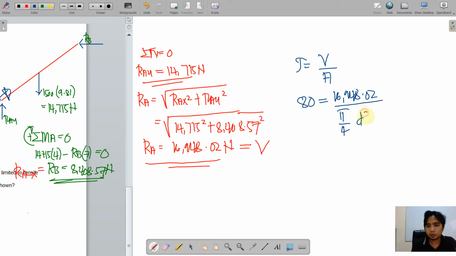We do not know yet the diameter, so therefore diameter is equal to, so we have 16.42 millimeters for the required diameter at support A. Okay, so that's for problem number 4.